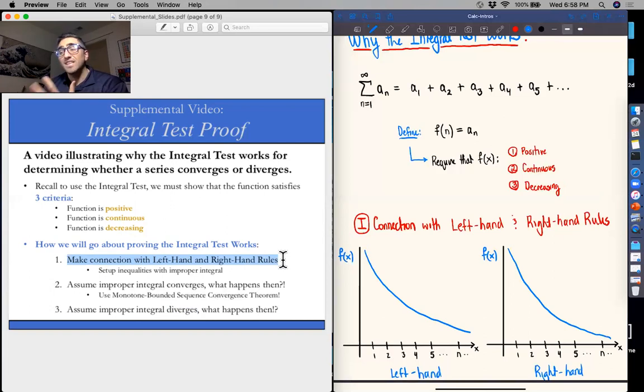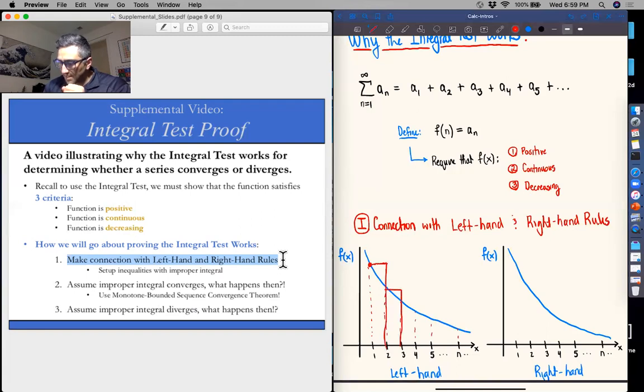So remember, for the left-hand rule, what we would do is we start on the left side of the function, and then we march to the right until we hit the next box. So if we start dividing these up in our rectangular fashions like we've done previously in calculus, basically what we'll see is when we find these boxes for left-hand rule, we would start on the left side of the function and march to the right until we hit the next box.